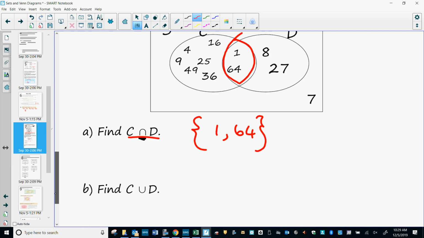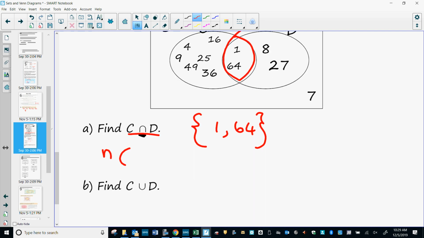Now, if it had said this... What does this N mean? No, it means the number of. Yes. So if you did a little n and then C intersect D, remember this is asking you how many.